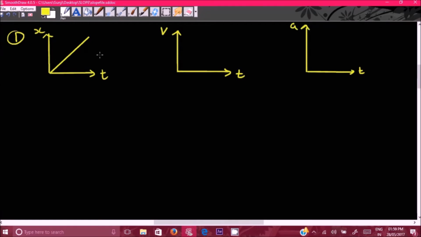We know that the slope of displacement versus time graph gives us the value of velocity.